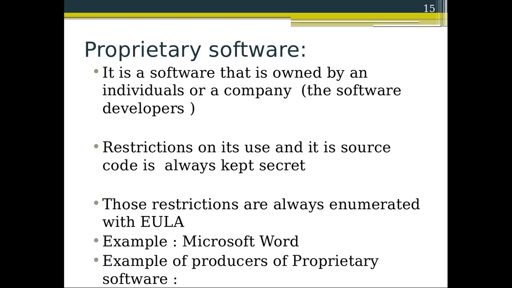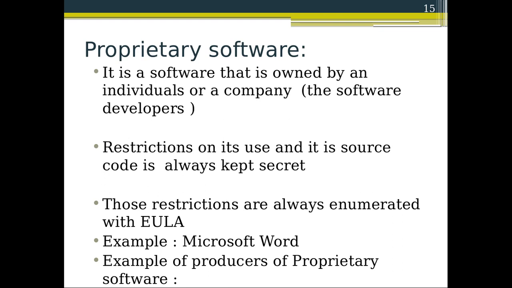For example, proprietary software. What is a proprietary software? It is a software that is owned by an individual or a group of individuals or a company. This company represents the software developer who has designed this software for you. Okay.